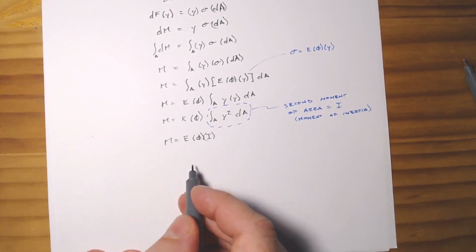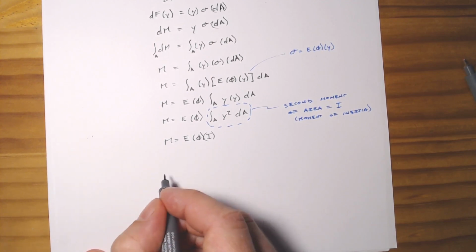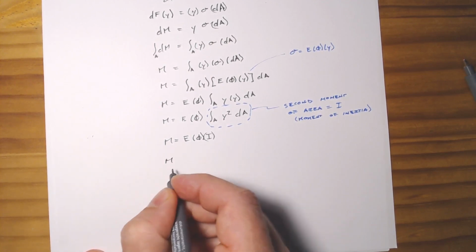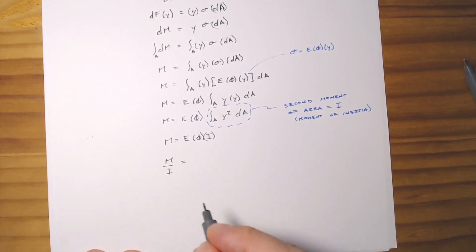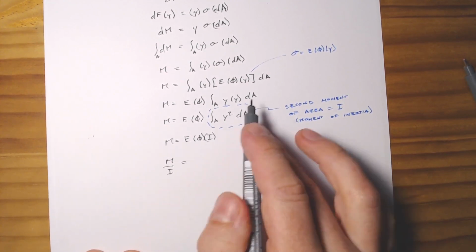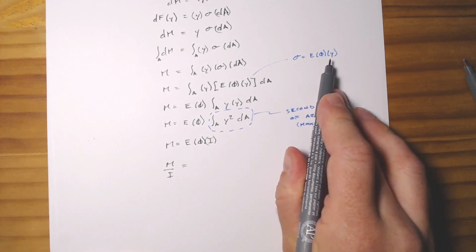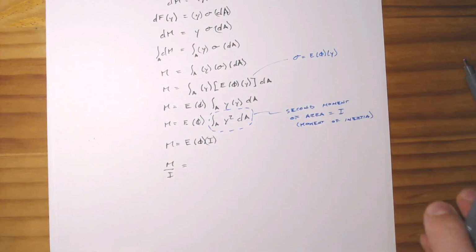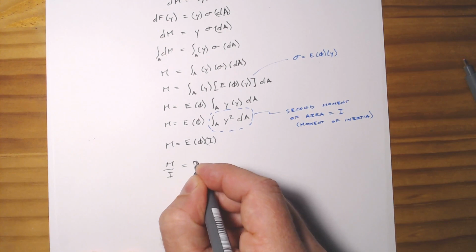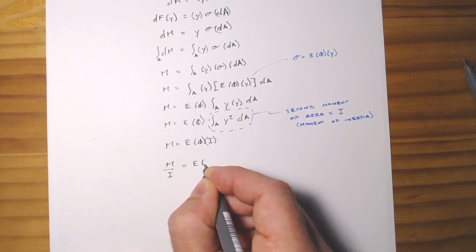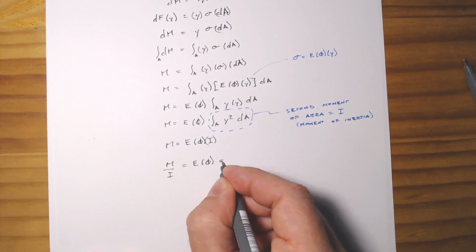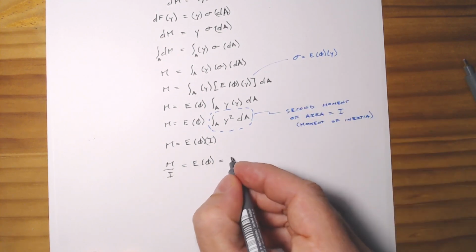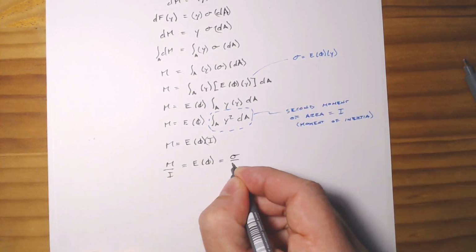And so we can do a little bit of rearranging. We can have M over I is simply going to be equal to E times curvature, which is also equal to sigma over y.